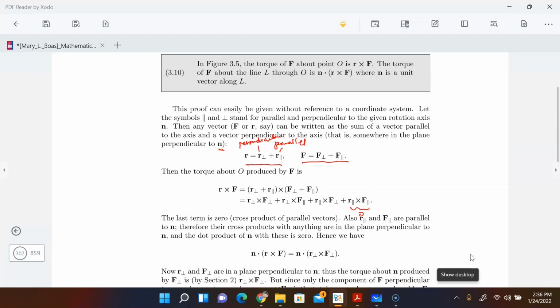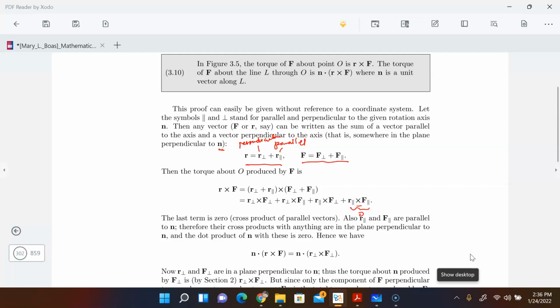This is not necessarily parallel because you have to remember, since it's in 3 dimensions, your two vectors are perpendicular and F perpendicular might not be parallel, because you have extra degrees of freedom there, or extra directions. So this is not 0, but this is 0.